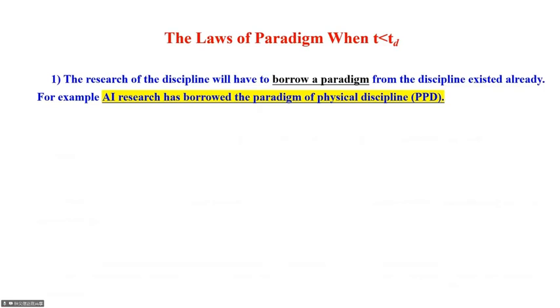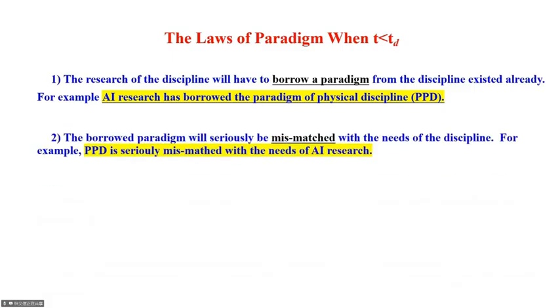Borrow the physical discipline paradigm as what it would like to follow. Number two, the borrowed paradigm will of course be seriously mismatched with the needs of the discipline. For example, PPD is seriously mismatched with the needs of AI research.